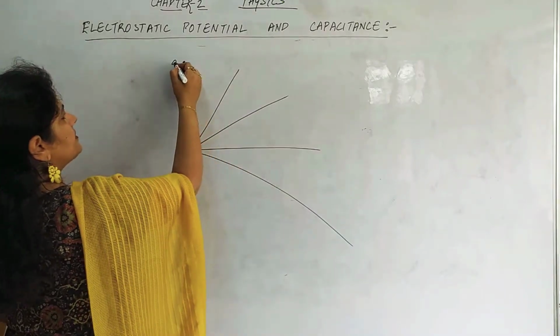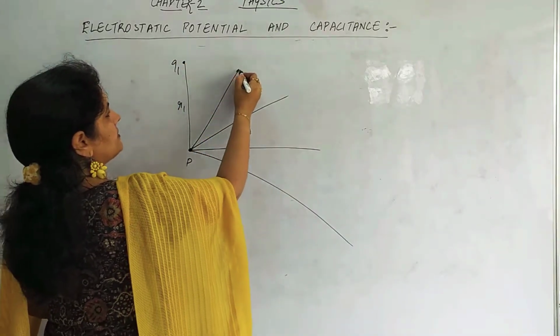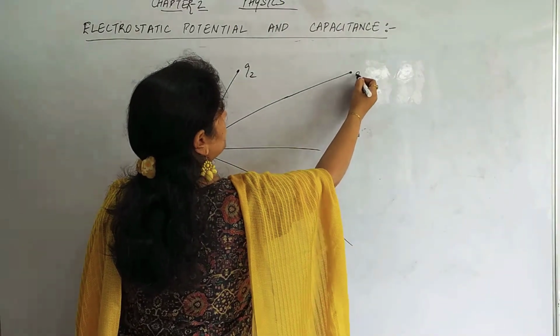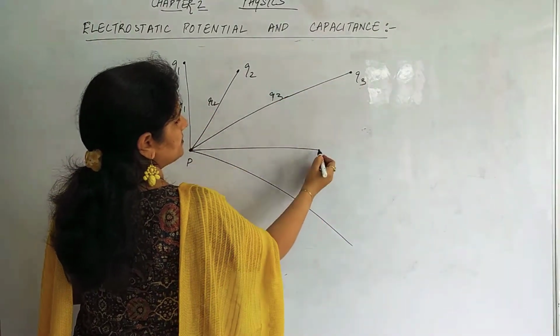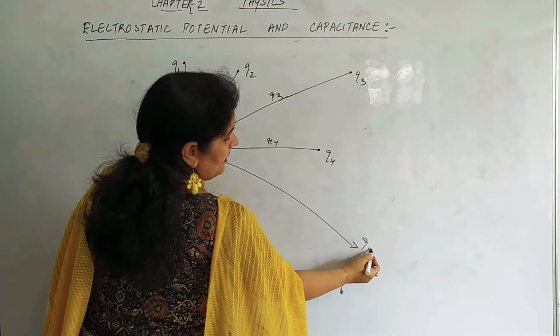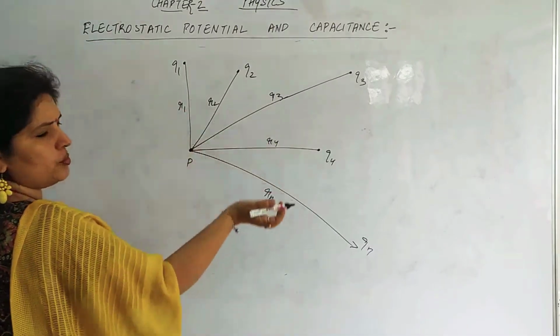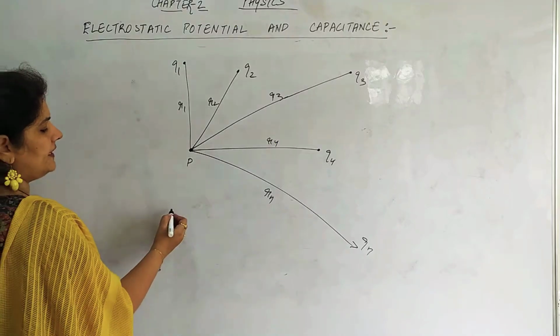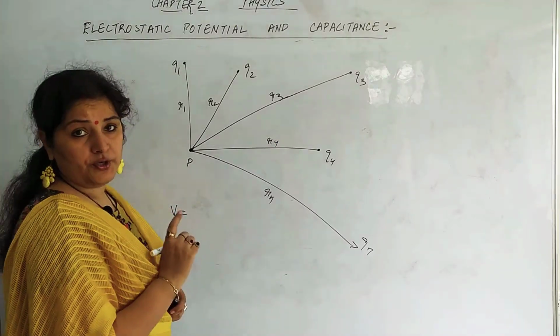Say this is Q1 at distance R1, this is Q2 at distance R2, this is Q3 at distance R3, this is Q4 at distance R4. Similarly, this is Qn at distance Rn. There are so many charges in a system. Then in order to find the net potential, this is very important for numericals, children.